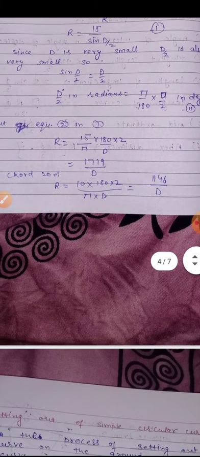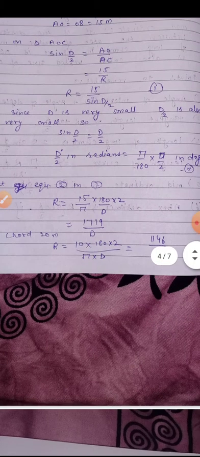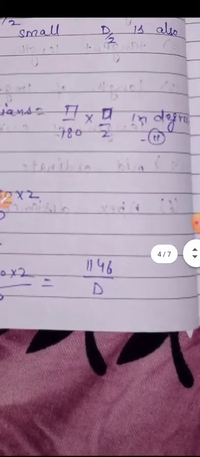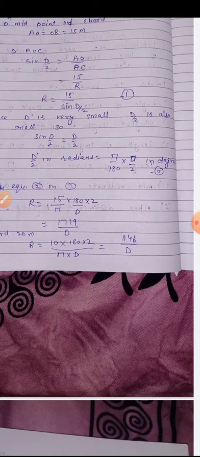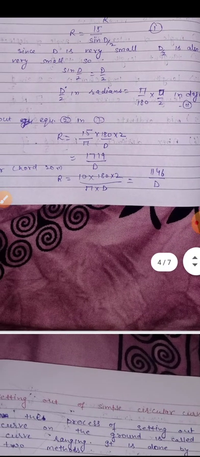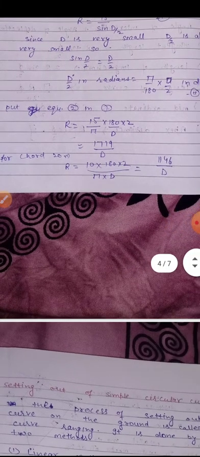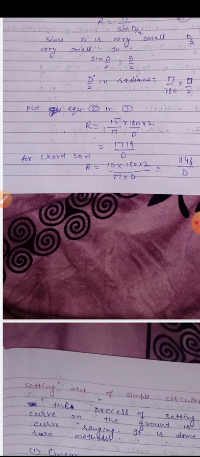So from equation 1 and 2, R is equal to 15 upon pi by 180 into 2 upon D, that equals 1719 upon D.